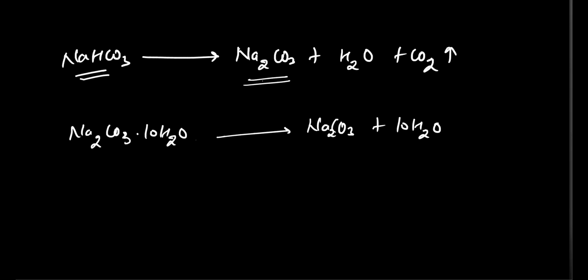Excuse me, sir. For the chapter metals and non-metals, are we going to continue it after we have completed the revision for this? Because metallurgy is still left. And the extraction part.